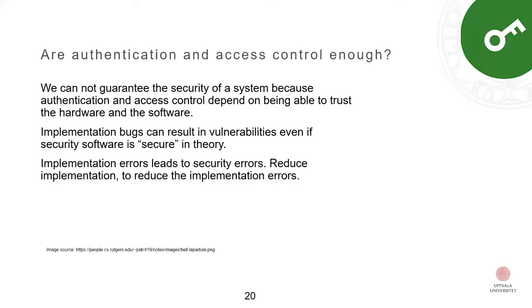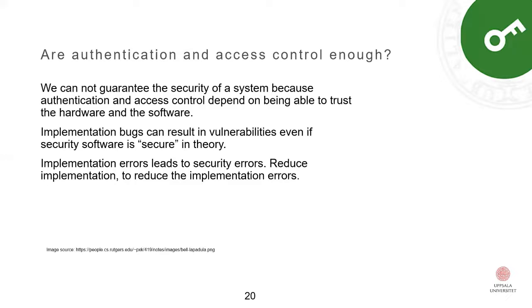So having authentication and access control cannot guarantee security of a system because there are other things that we need to think about. For example, the software needs to be reliable, the hardware needs to be reliable.